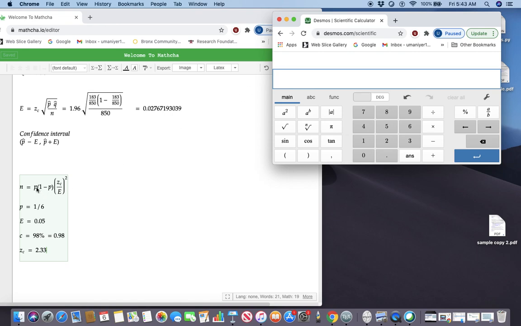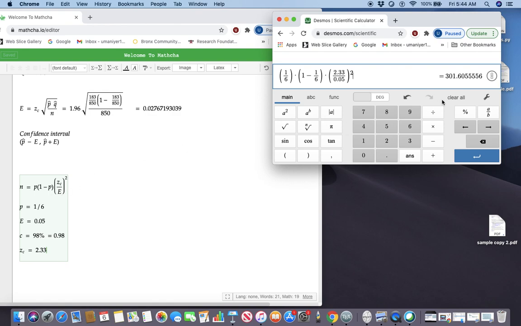P times 1 minus P times parentheses z sub c, 2.33, over E, 0.05, close parentheses, power 2.